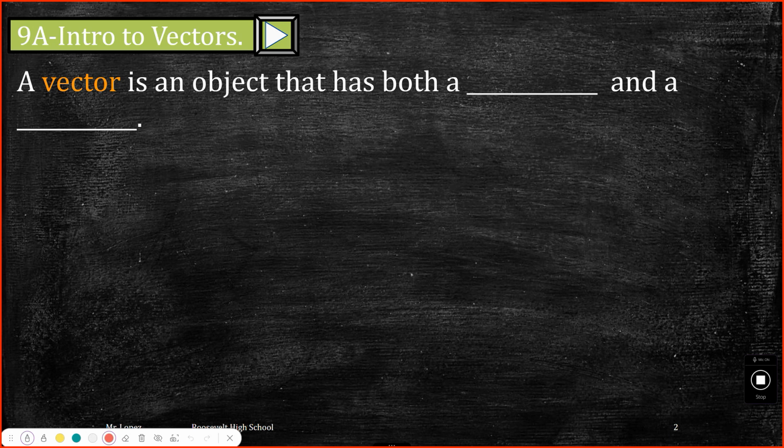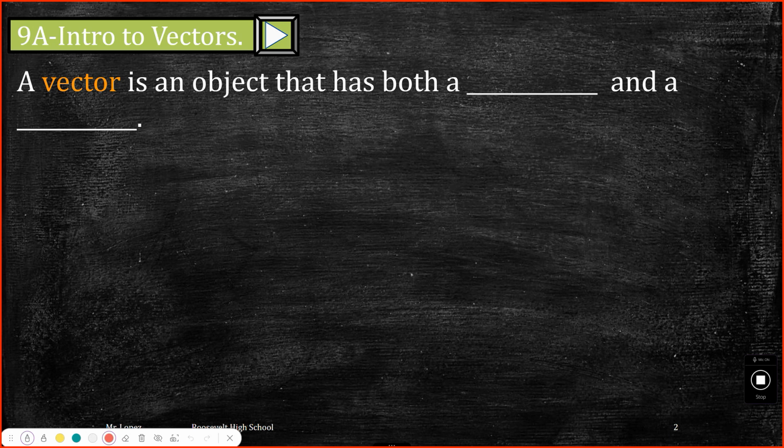So let's do intro to vectors. So what is a vector? A vector is an object that has both a magnitude and a direction. So what's a good example that has a magnitude and a direction?